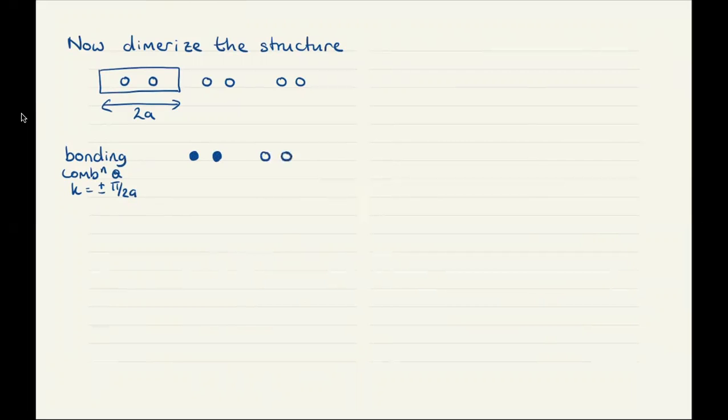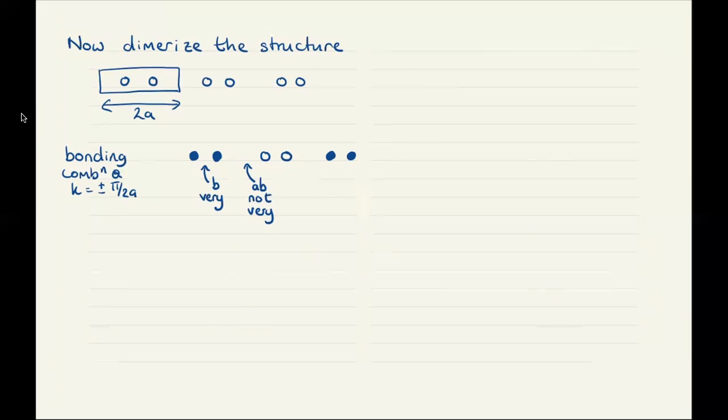Between the unit cells, they have opposite phase, and so it's bonding within the unit cells, and anti-bonding between the unit cells. But because the atoms that are bonding are very close together, the bonding interaction will be very strong, whereas because the atoms that are anti-bonding are rather far apart, the anti-bonding interaction will not be very strong.